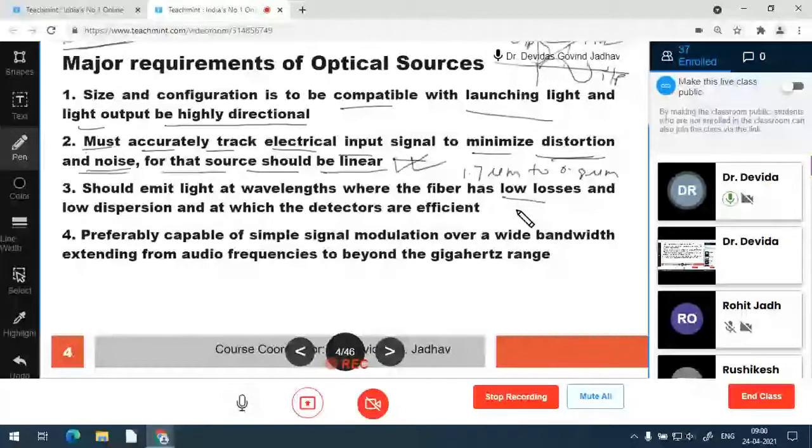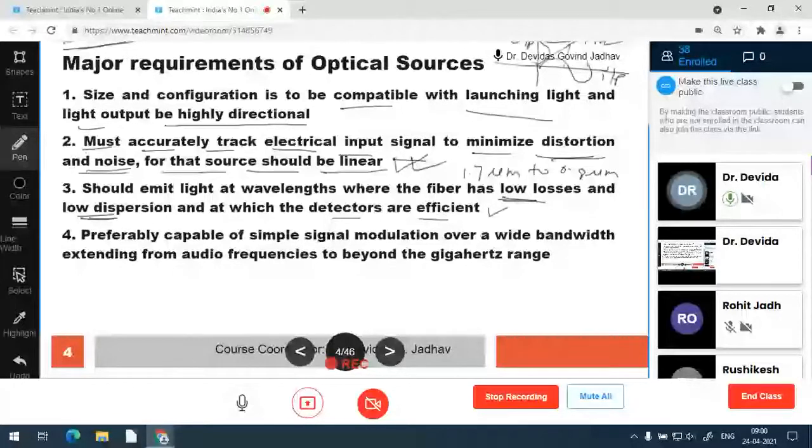So this is the wavelength, and such a wavelength will give low loss in the optical fiber and low dispersion also, and the detector should also be selected at that wavelength so that it will detect the optical light efficiently.